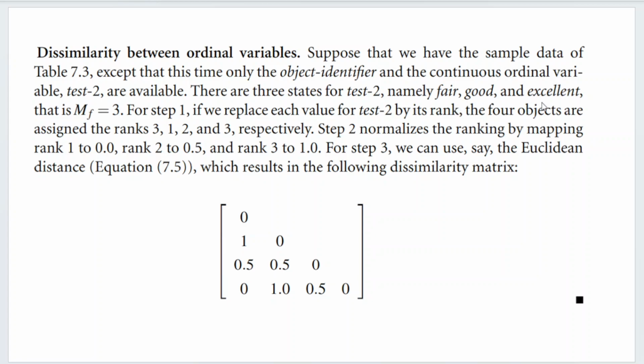I have only 3 values, so I will take my M f value equal to 3. For step 1, we replace each value of test 2 by its rank. The 4 objects are assigned ranks here. What ranks can I assign? 1, 2 and 3. For fair, 1, for good, 2, and for excellent, 3.